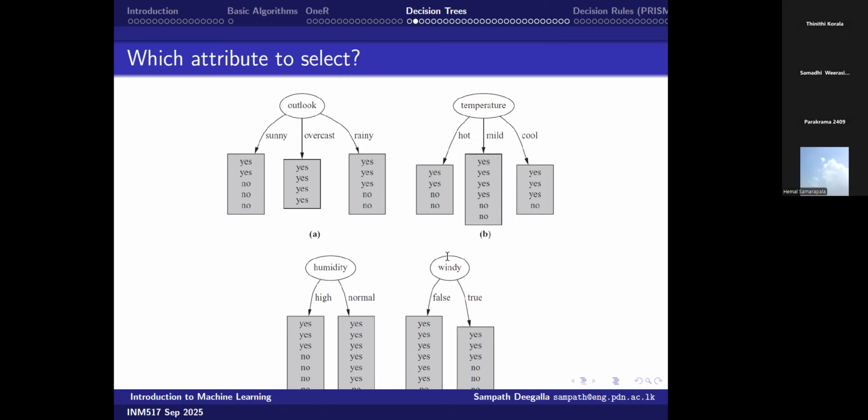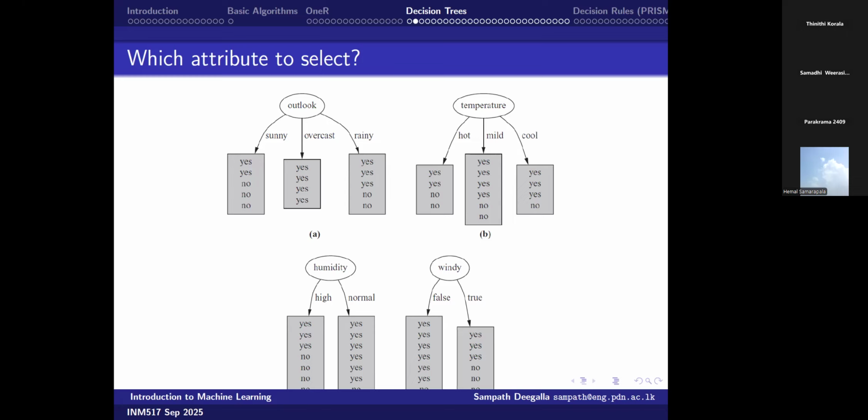The question is which one you are going to select. Okay, any attribute can be taken as a root node. That means we can select an attribute at random. Then whatever tree we build is called a random tree. Actually, there's an algorithm called random trees which you can use. So we can use any attribute to put in the root node.